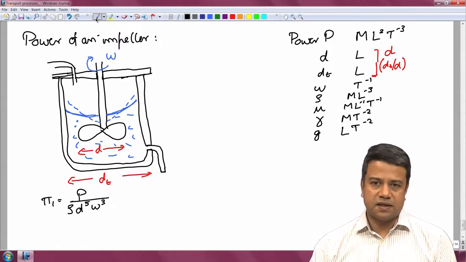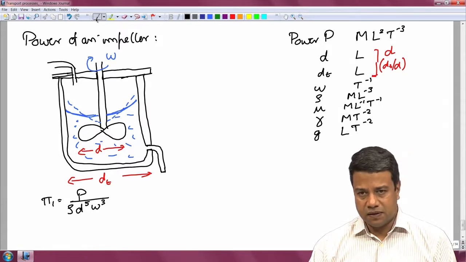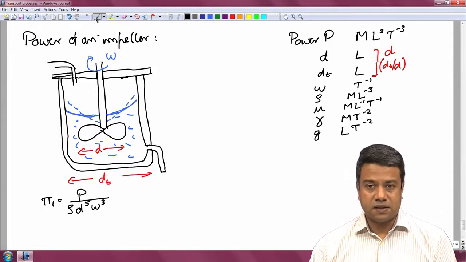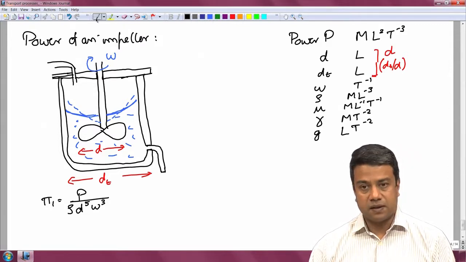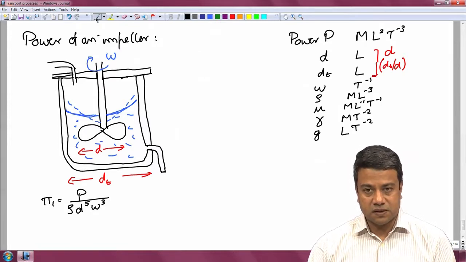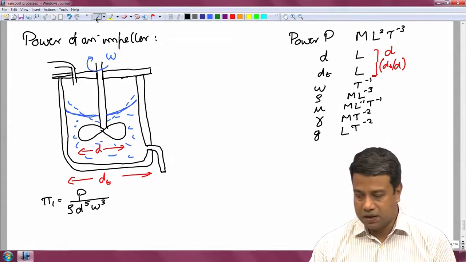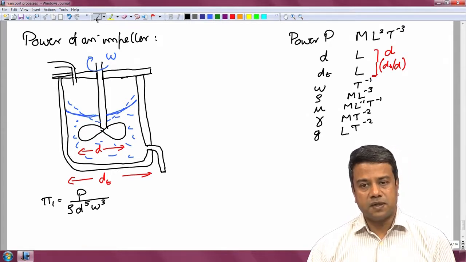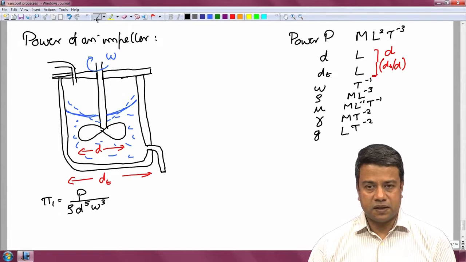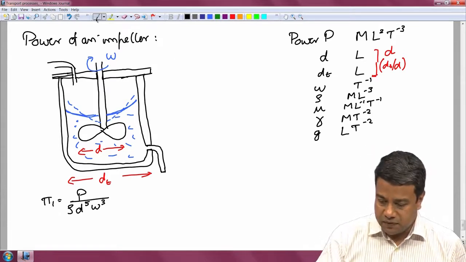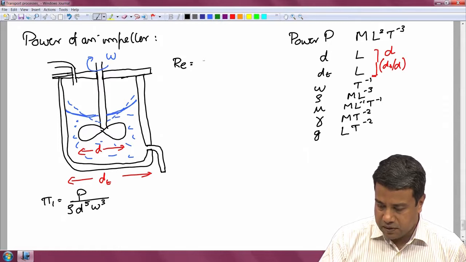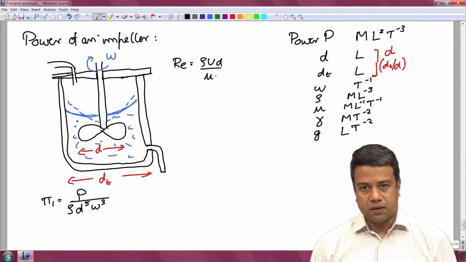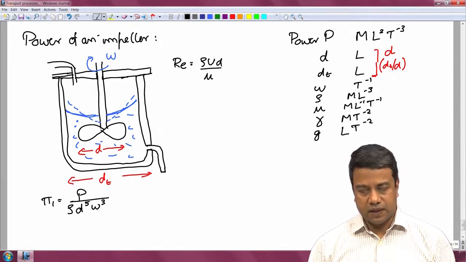Whenever there is a density and a viscosity, there is going to inevitably end up a Reynolds number coming. Except in this case, the Reynolds number is not a function of the linear velocity, because the linear velocity is not a parameter in this problem. It has to be a function of the angular velocity. How do you get a dimension of linear velocity from the angular velocity and a diameter? So, the Reynolds number that should come out should be of the form rho u d by mu. However, we do not have a linear velocity, we have an angular velocity.